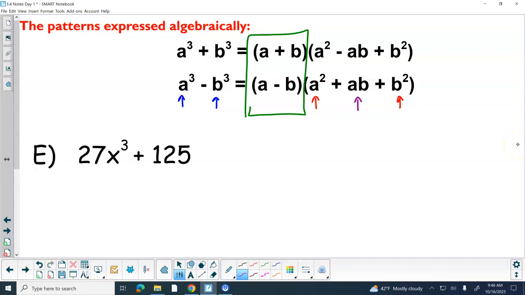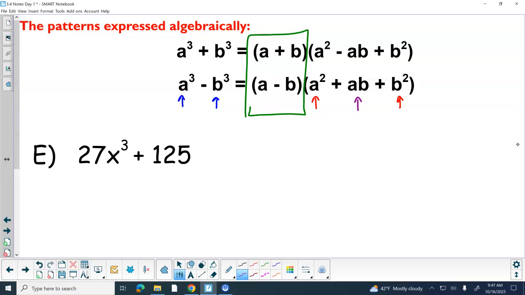So we've got 27x cubed plus 125. First question you ask yourself, because you see the cubic variable, you should automatically be thinking cubic formula. Is 27 on our cubics list?